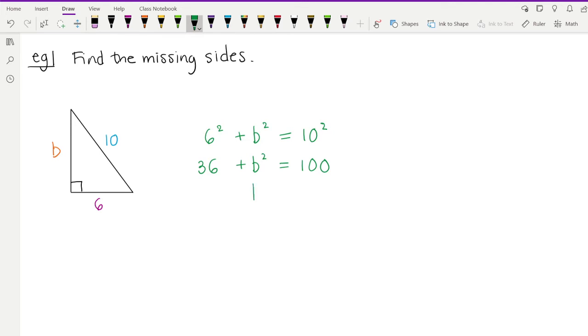If we subtract 36 from both sides, we get B squared is equal to 100 minus 36, which is 64. Then we can take the square root of both sides. Because we're talking about a triangle, we know B has to be positive, since you can't have a negative length. So B is equal to positive 8. In general, if you were solving this equation, you would say B is plus or minus 8, but because we're working with a triangle, we can just say it's the positive one. And so that is our missing side in this case.